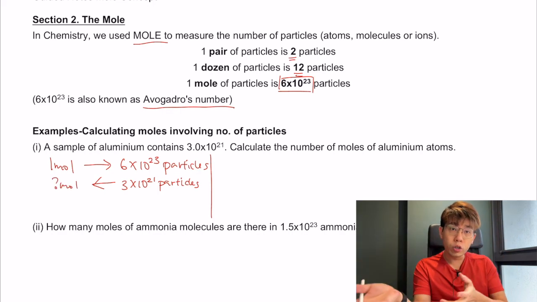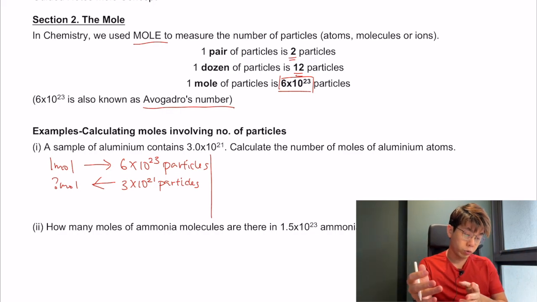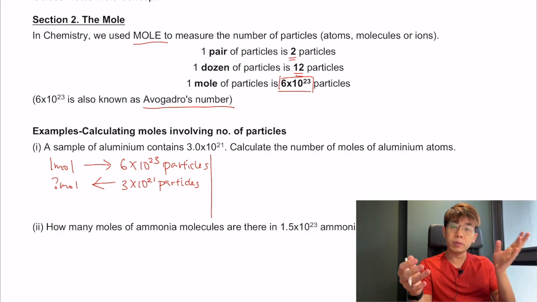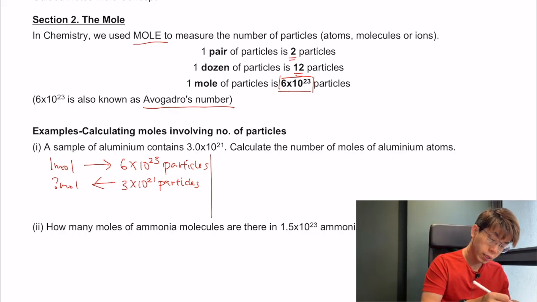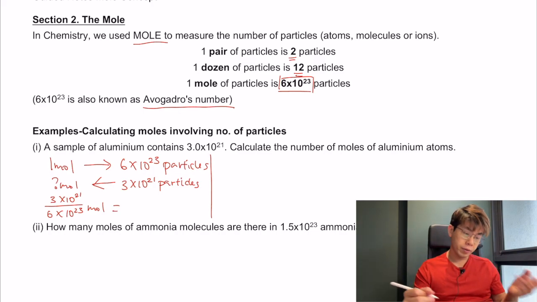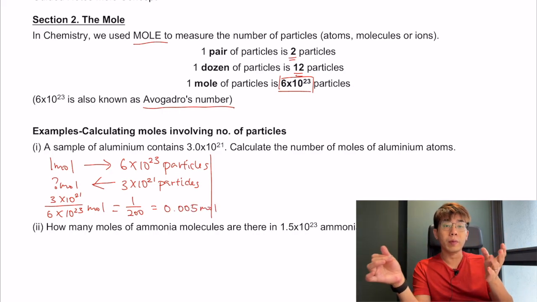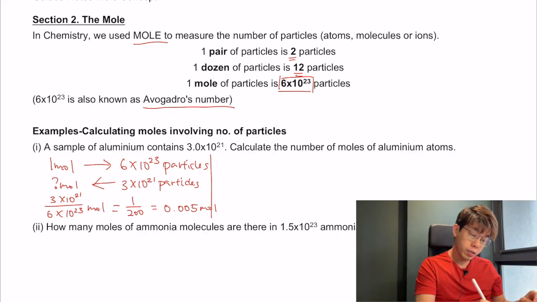If we use ratio, if 1 mole is 6 times 10 to the power of 23 particles, then 3 times 10 to the power of 21 particles would be 3 times 10 to the power of 21 divided by 6 times 10 to the power of 23 moles. When I do the math, I get 1 over 200, and that would be 0.005 moles. Remember that I should always put my answers in decimal place. Okay, so that's how we calculate.